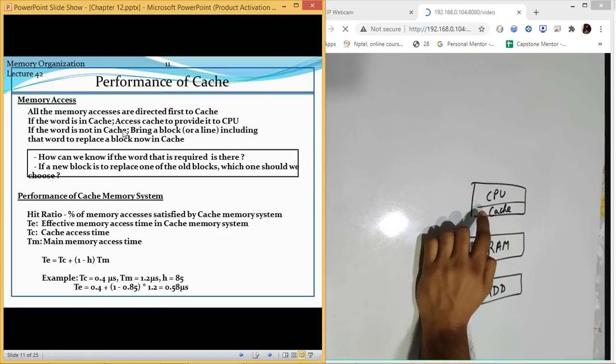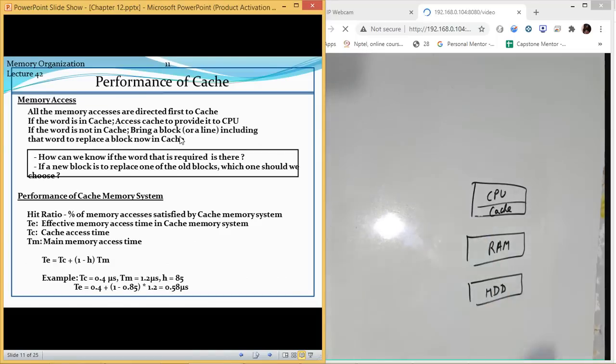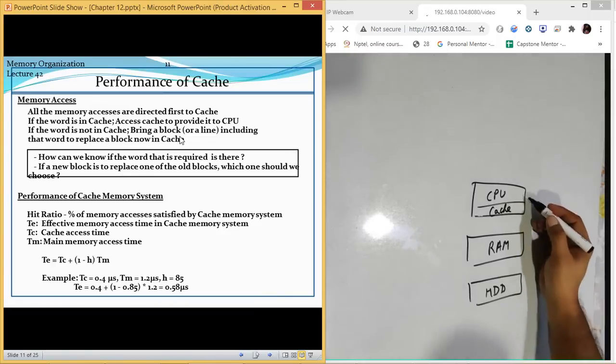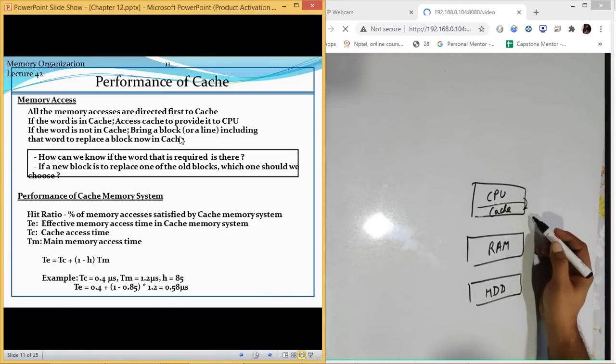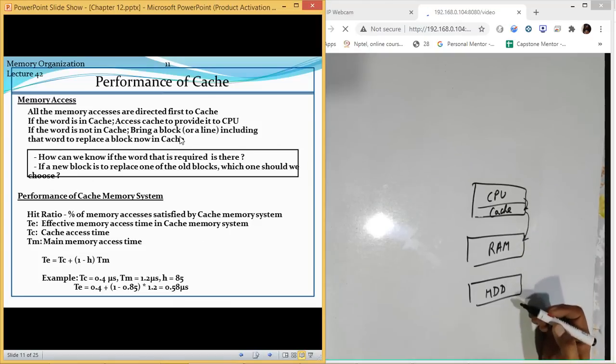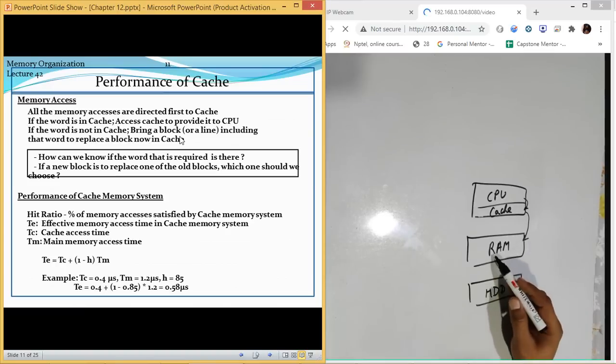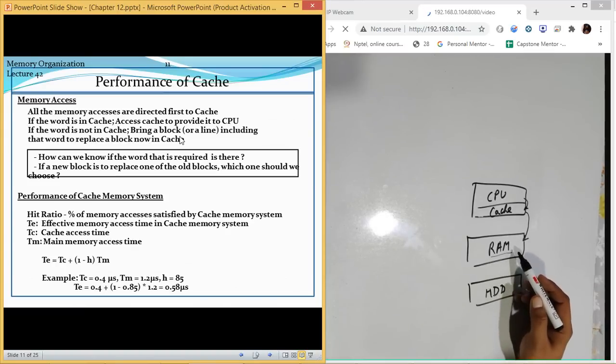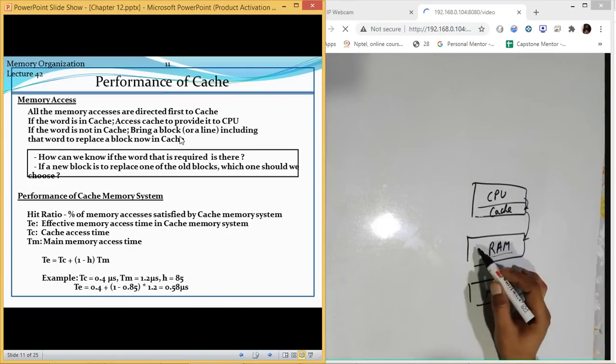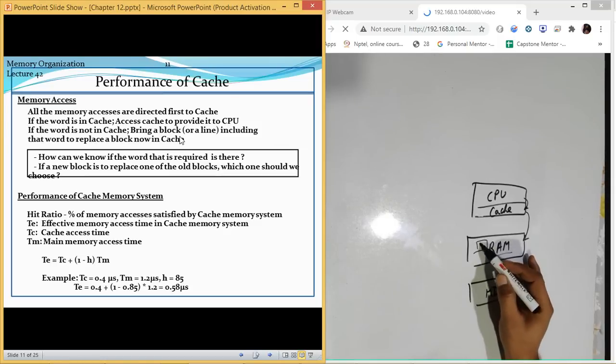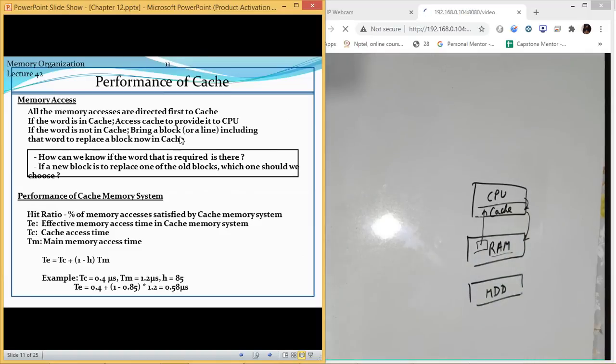If the word is not in cache, bring a block or line including that word and replace a block in cache. Now, what does it mean? Firstly, your CPU accesses cache; if it is present, fine. If it is not, access RAM. Once it is accessing RAM, the data will be picked up from RAM and shifted to cache, and then the CPU will use it from cache.